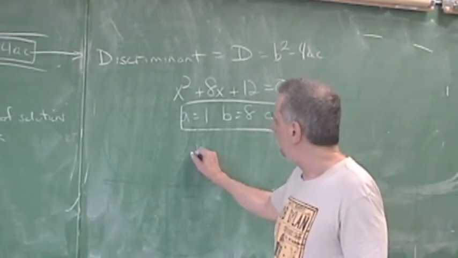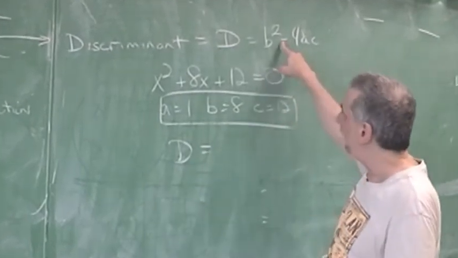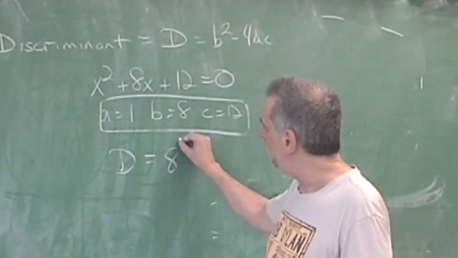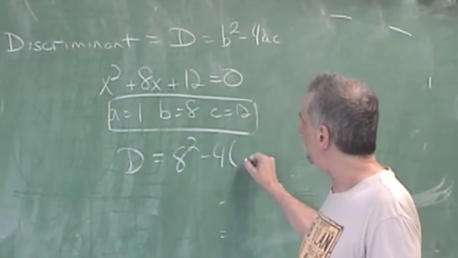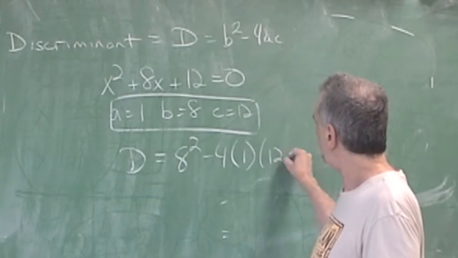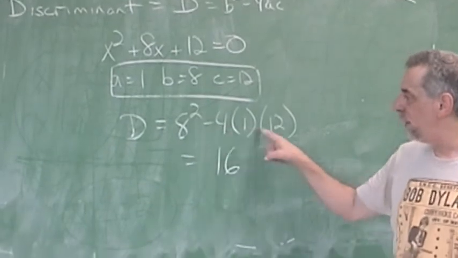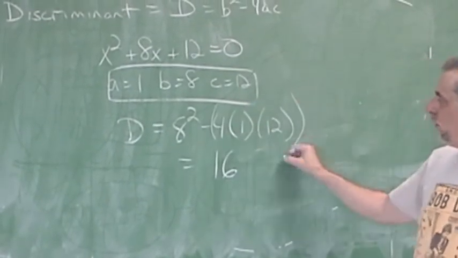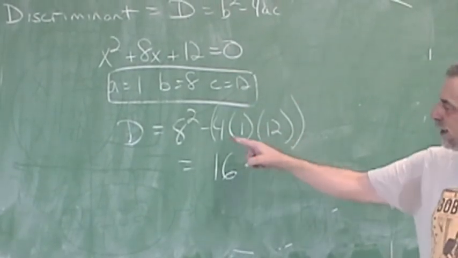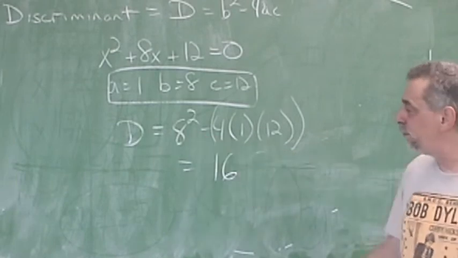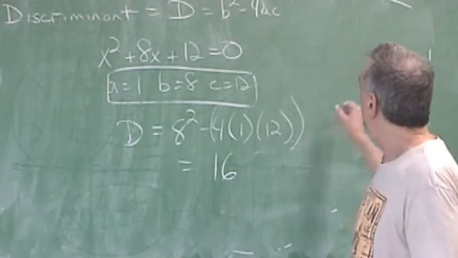The discriminant for this is b squared minus 4ac. We already figured out what that was. Let's just look at it again. We came up with 16 here, right? 64 minus 48. Remember your order of operations. You're going to do multiplication before you do the subtraction. So we get 16.